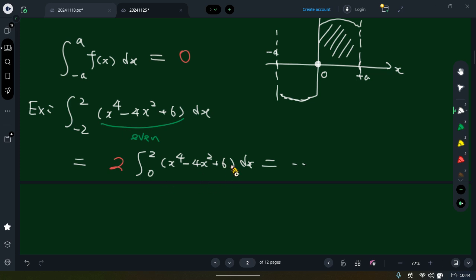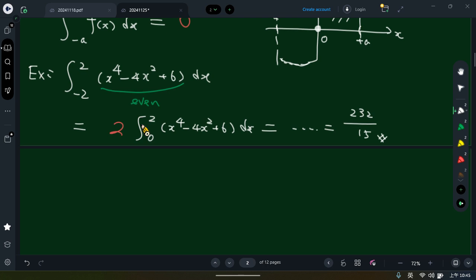Finally, I will not go into the details, but I will just give you the final answer, just like this. But the property can only be applied when you can find the symmetric properties for the integral.